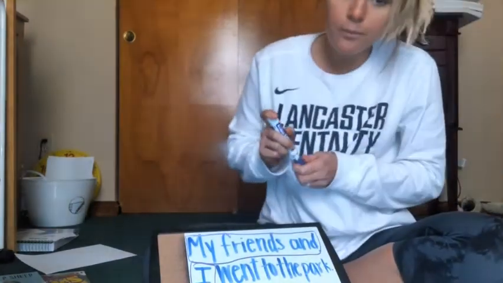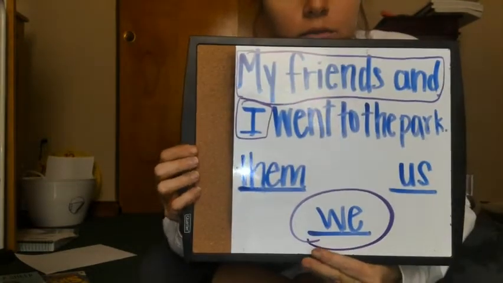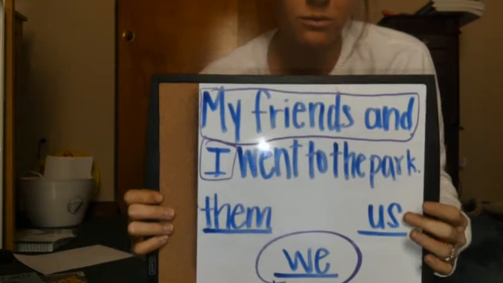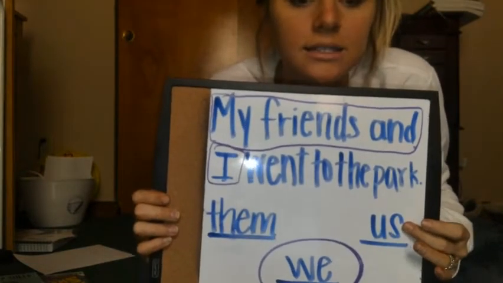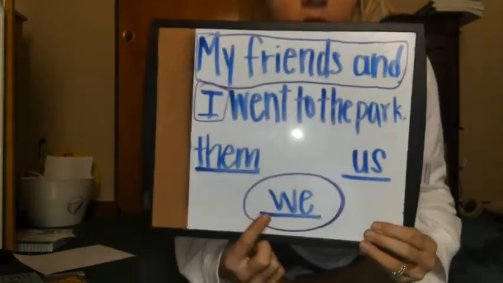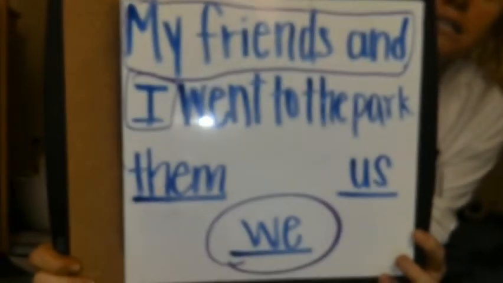We is the best pronoun to use there because I was included. We is a group that I'm a part of. Them I wouldn't be a part of. Us doesn't make sense: us went to the park. We want to use we. So I can take out my friends and I and plug in we, and it'll still mean the same sentence. We went to the park. My friends and I went to the park. It means the same exact thing.